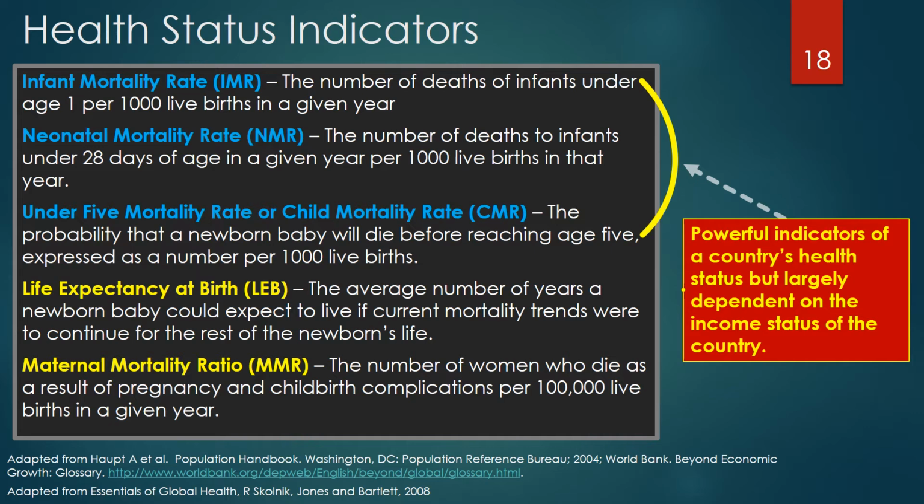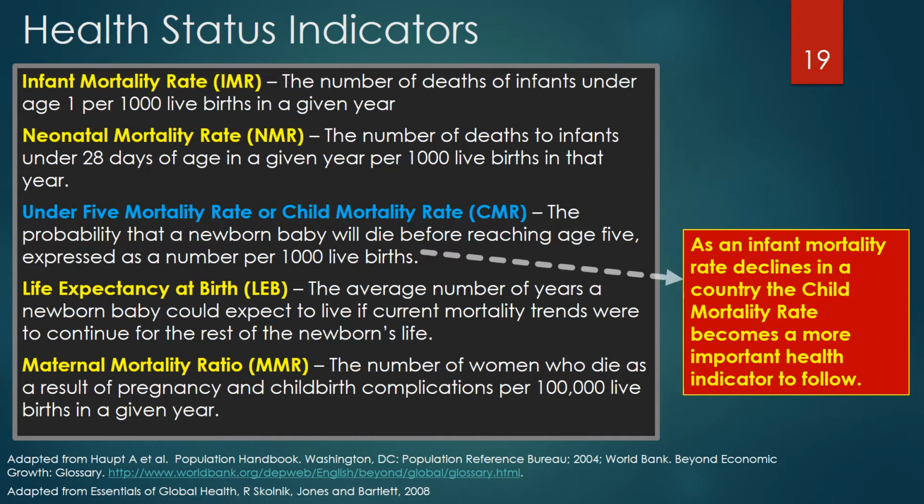Most children who die under 1 year of age usually die in the first 28 days of life during the neonatal period and would be measured by the neonatal mortality rate. As an infant mortality rate declines in a country, the under 5 mortality rate or child mortality rate becomes a more important health indicator to follow.